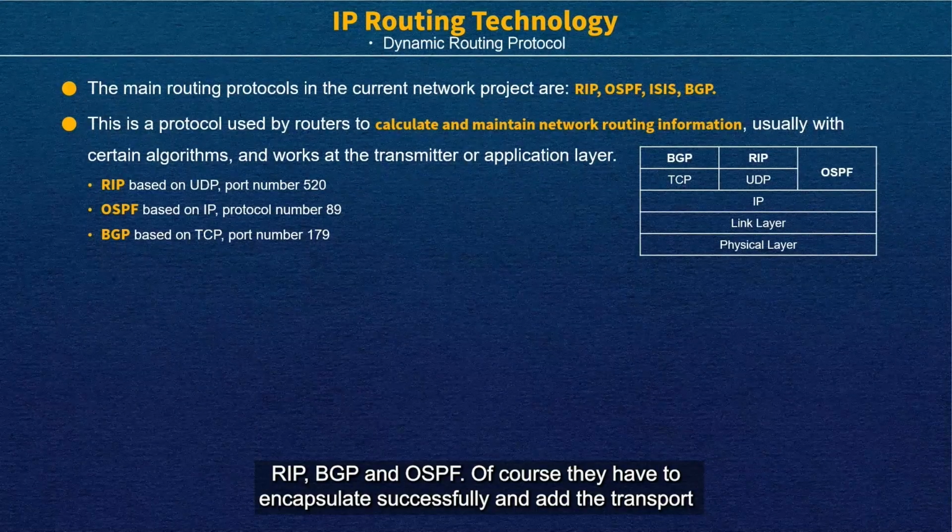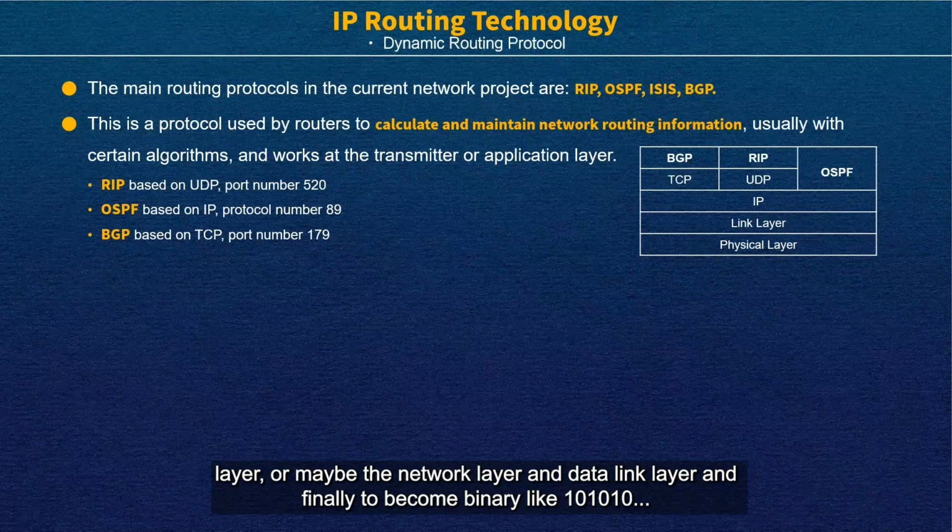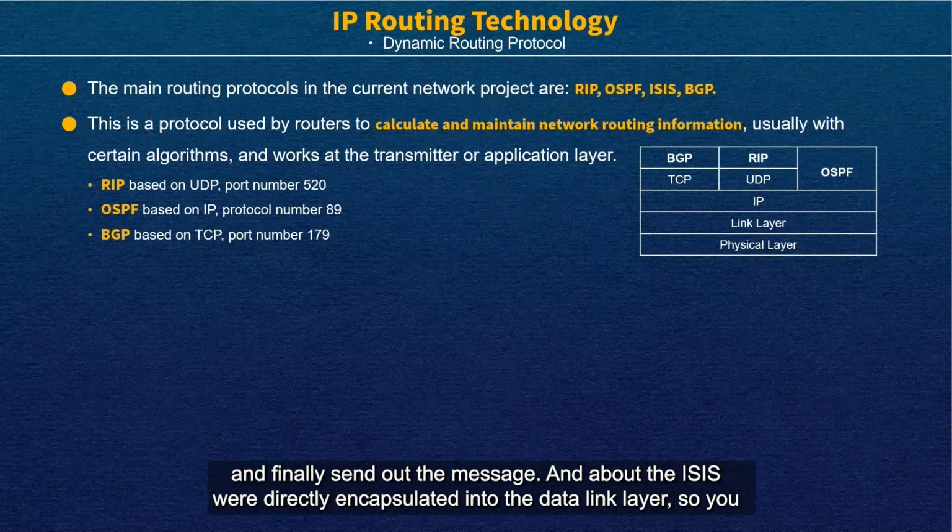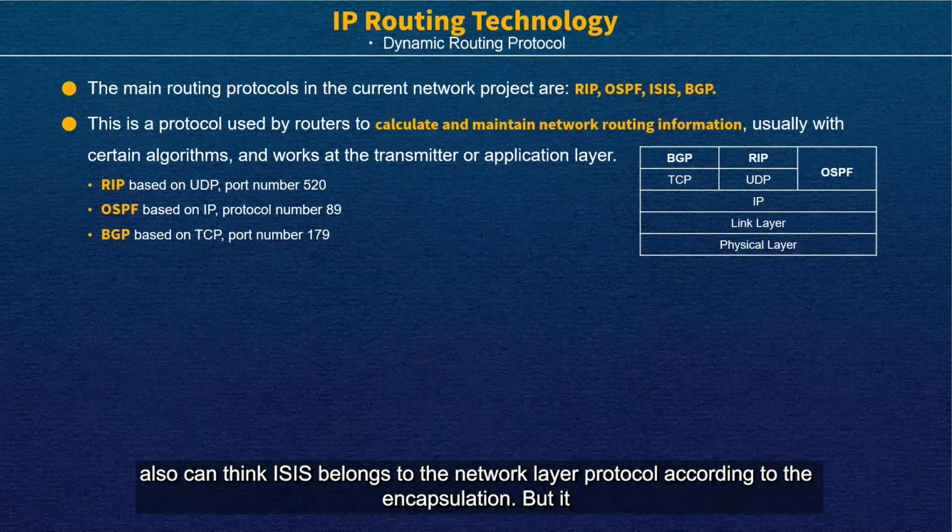RIP, BGP, and OSPF have to be encapsulated successfully, adding the transport layer or network layer and data link layer, and finally becoming binary like 1010 and being sent out. And IS-IS will directly encapsulate into the data link layer. So you can also think IS-IS, according to the encapsulation, belongs to the network layer protocol, but it doesn't matter.